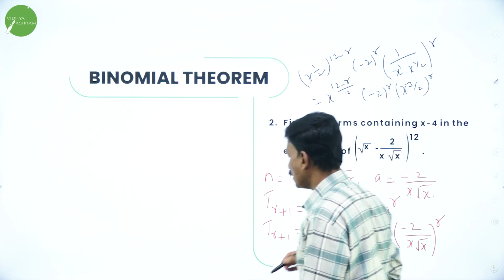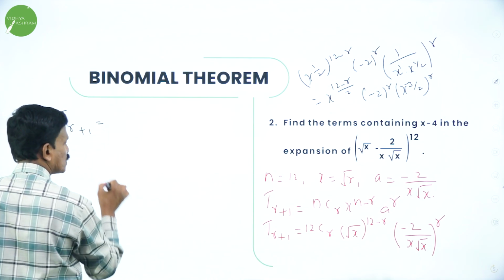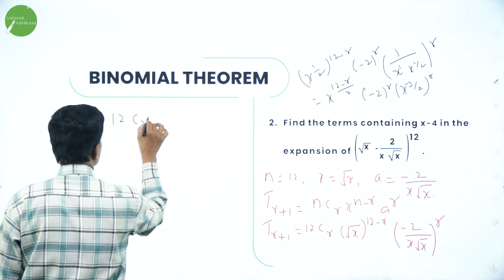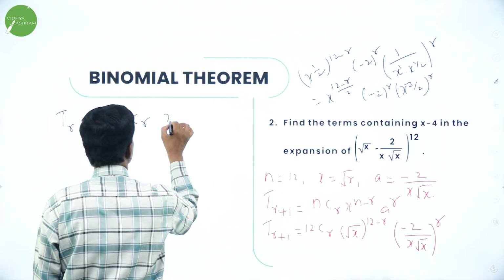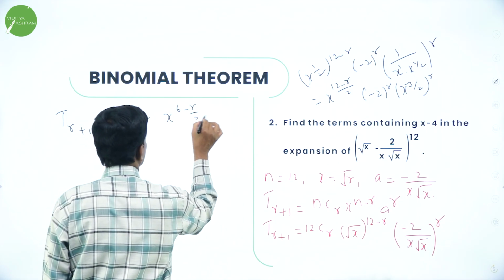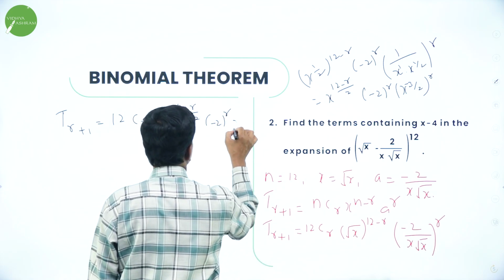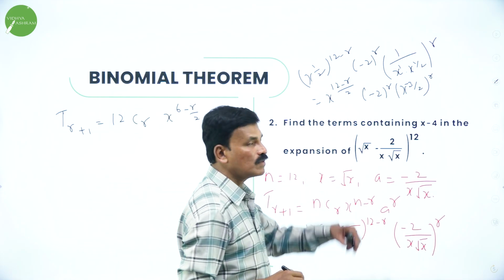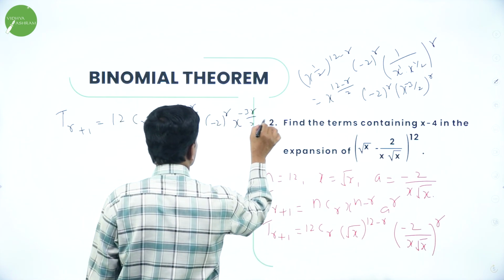So therefore, T(r+1) is equal to 12Cr x to the power of, dividing term by term, 12 by 2 is 6 minus r by 2, into minus 2 to the power of r into x to the power of minus 3r divided by 2.